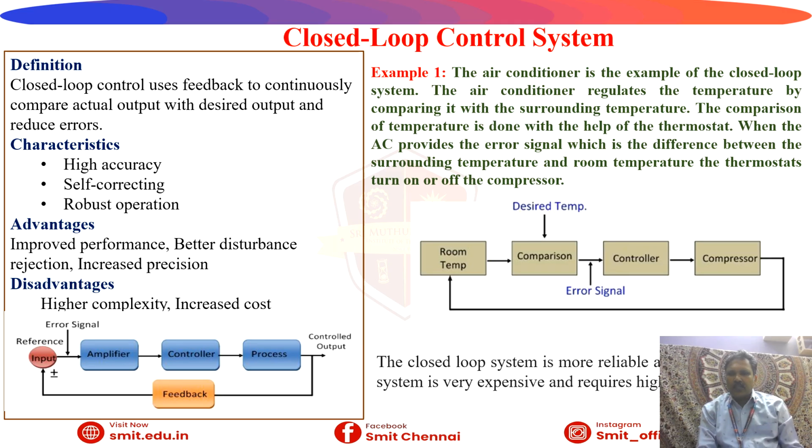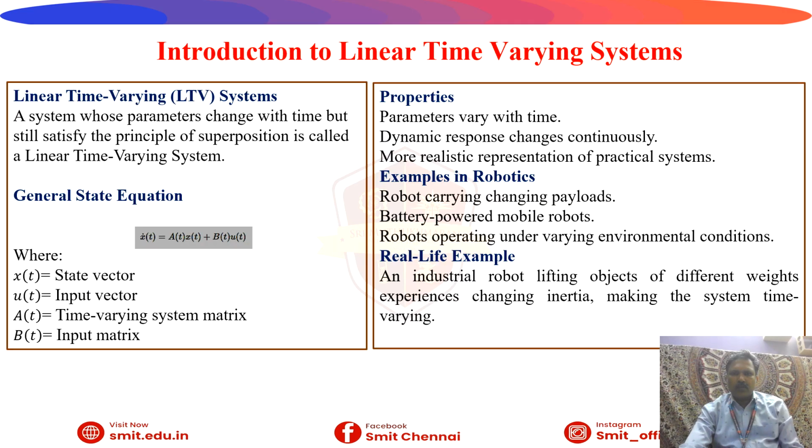That is the important thing maintained in air conditioning. To achieve 24 degrees, the closed loop system will be followed continuously. Otherwise, it won't work. Once the door is opened, the temperature will rise again, and the same process will be followed again and again. So this comes under closed loop.